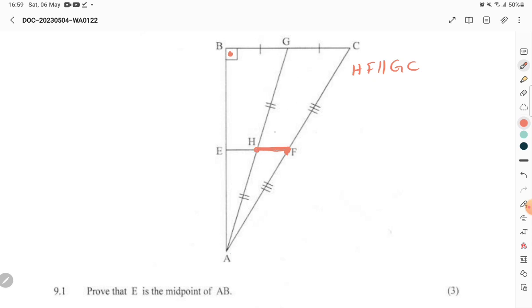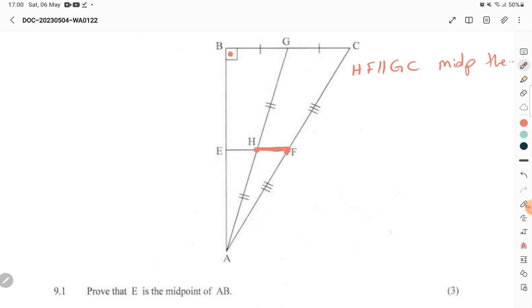That means this line has to be parallel to the third side. So if a line is drawn through the midpoints of two sides of a triangle, it is also parallel to the third side and also half the third side. So we have that information that FH is parallel to GC, using the midpoint theorem.